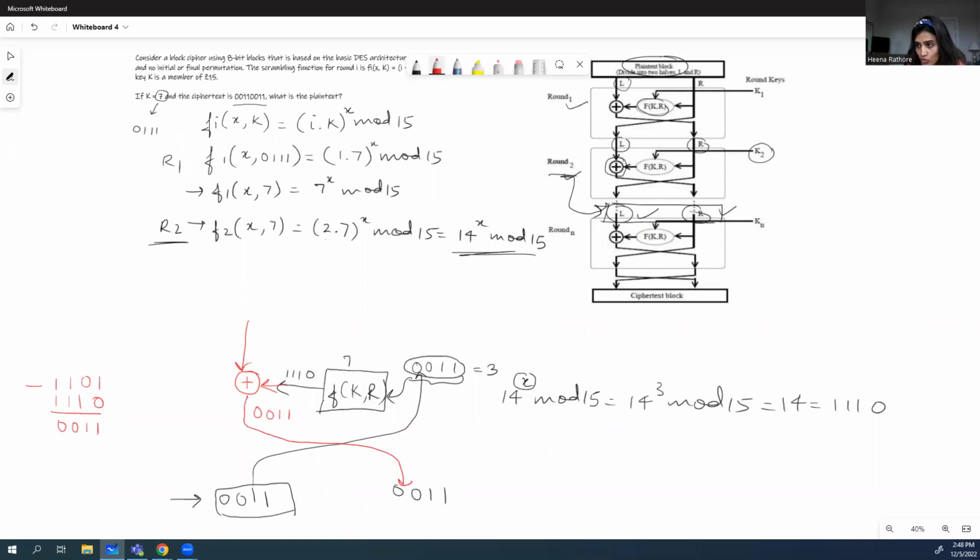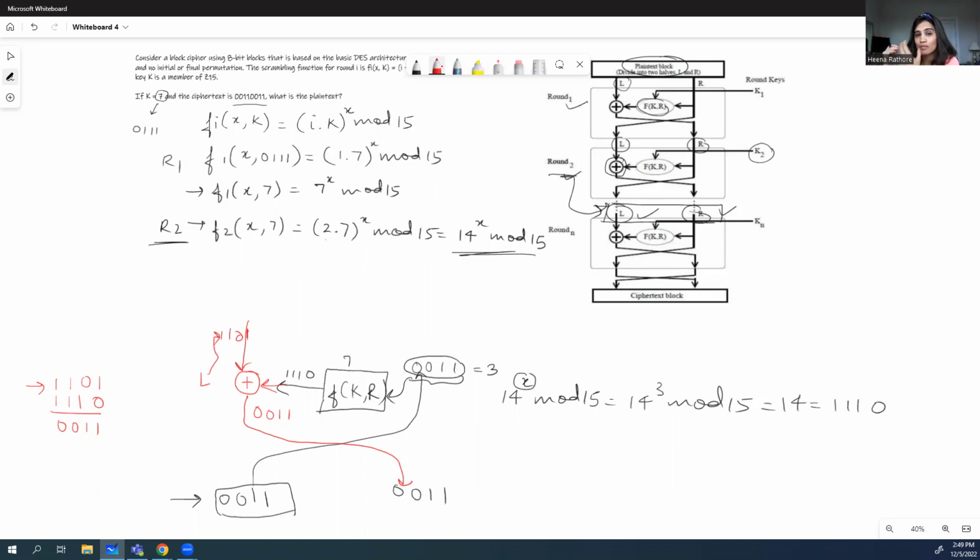So we now know that this value is 1101. So this becomes our left hand side. This is our left hand side 1101 and this is our right hand side which is 0011. Now we have just solved round number 2.